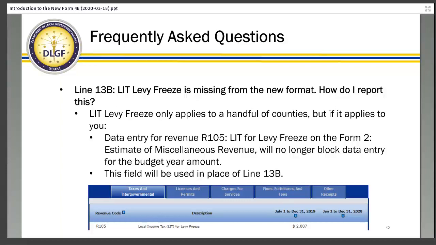Instead of creating a row that we present to everyone, but was only used by a few units around the state, we're going to continue to include that revenue in our budget certification, but instead of putting it directly onto the Form 4B, using a revenue type R105, LIT levy freeze will be reported as miscellaneous revenue. It will no longer serve as a standalone line. So you'll still get a chance to report it. We'll still consider it as we are certifying your budget. You'll just treat it as a miscellaneous revenue and not as a line that's being populated onto your actual Form 4B.